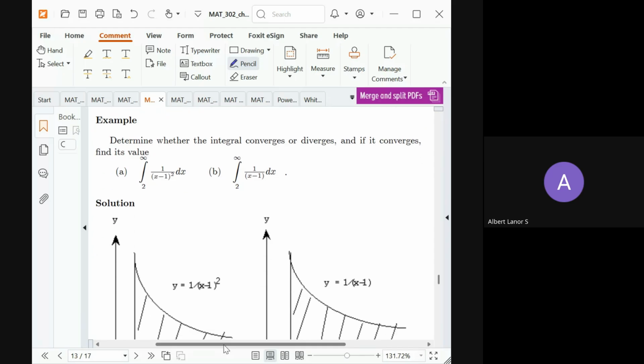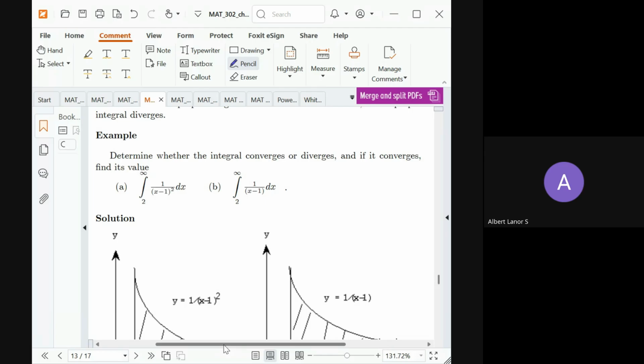These ones, we are integrating them from 2 to infinity. From 2 to infinity. Now, what's the domain? The domain is x is not 1. So from 2 to infinity, the function is defined everywhere.